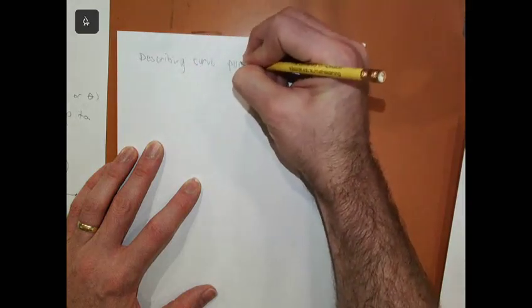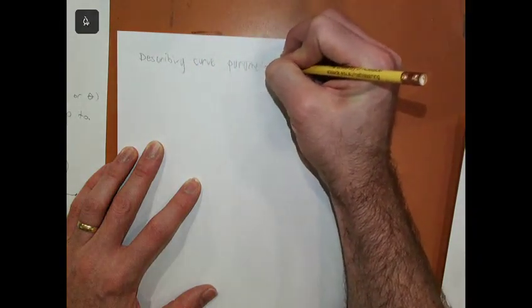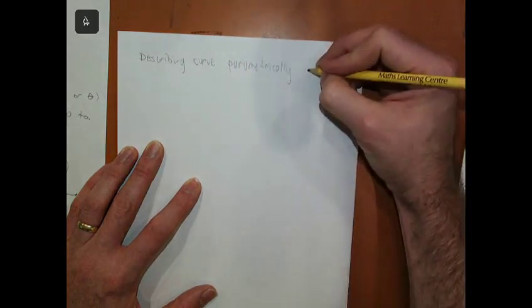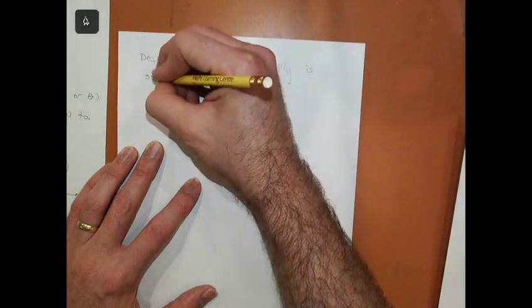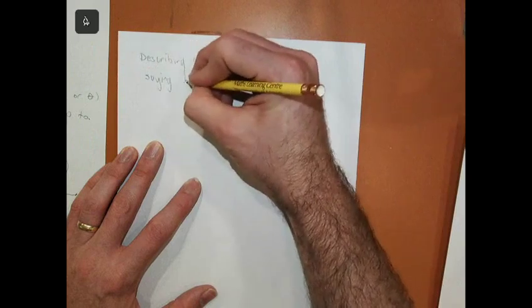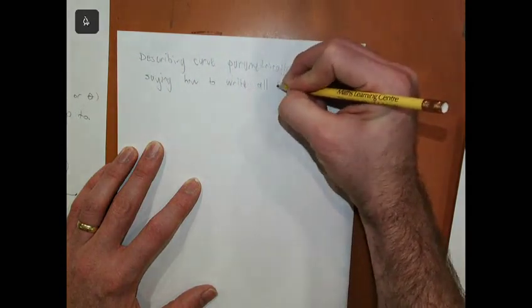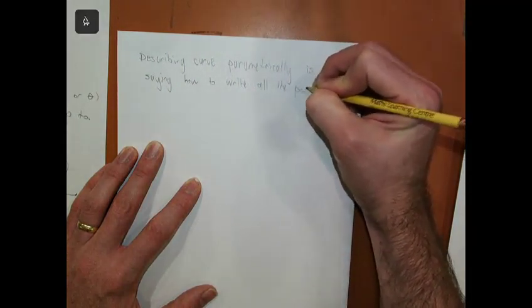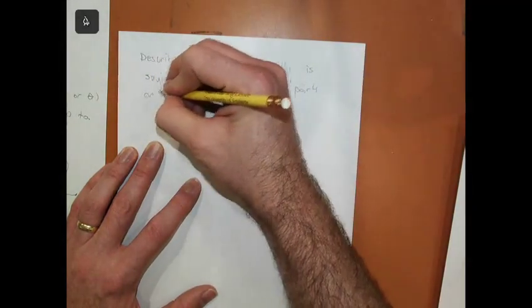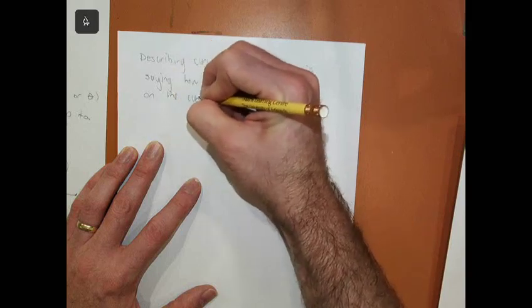Describing the curve parametrically is saying how to write all the points on the curve.